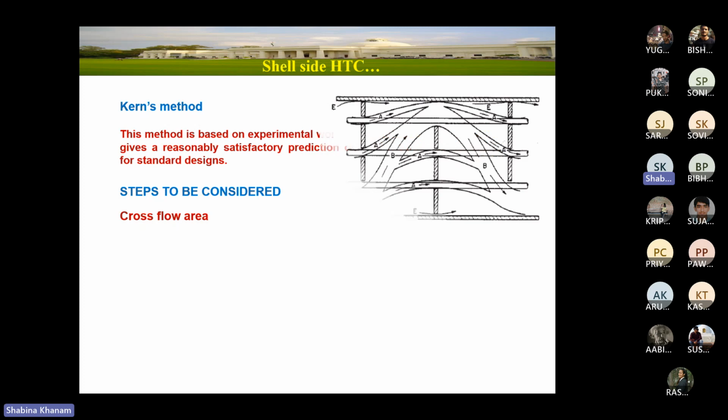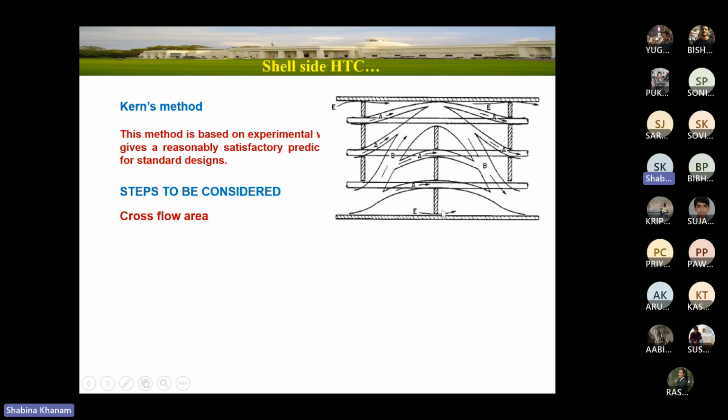Now if you consider this particular schematic, this is the front view of the heat exchanger. Here I have the tubes, and these are the baffles. These are segmentally baffled because one section is cut, it is cut from here like that.